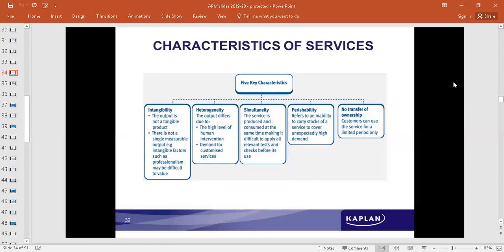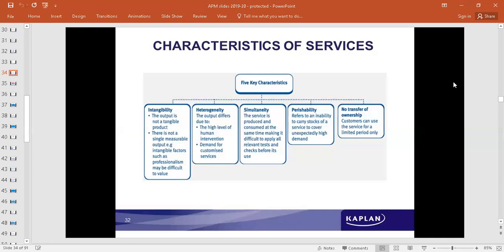The hotel accommodation which is provided on a day, July 2nd, has to be utilized on July 2nd. The accommodation facility provided should be used on July 2nd. If it is not used on July 2nd, it perishes on July 2nd. It cannot be carried forward to July 3rd. July 3rd will have the occupancy or the vacancy availability based on July 3rd's date.